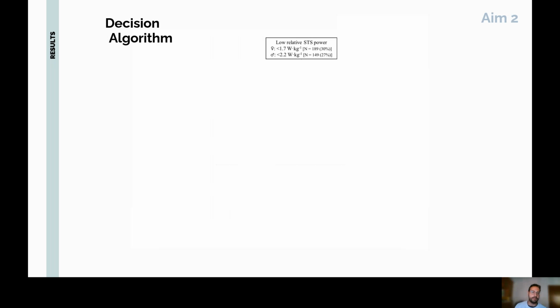If we analyze our subject and they have a low relative STS power, we should analyze if they have a high BMI, in which case if they don't have a high BMI, there's no specific intervention required, and if they don't have a low allometric STSS power, they don't need a specific intervention, and so they go out of the clinical setting.